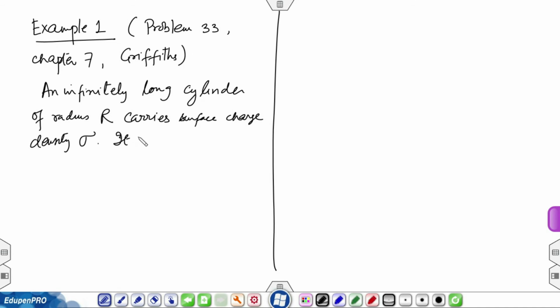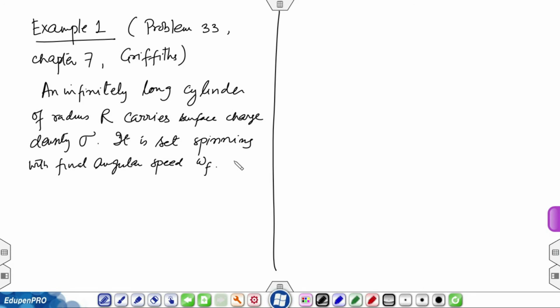It is set spinning with final angular speed omega final.